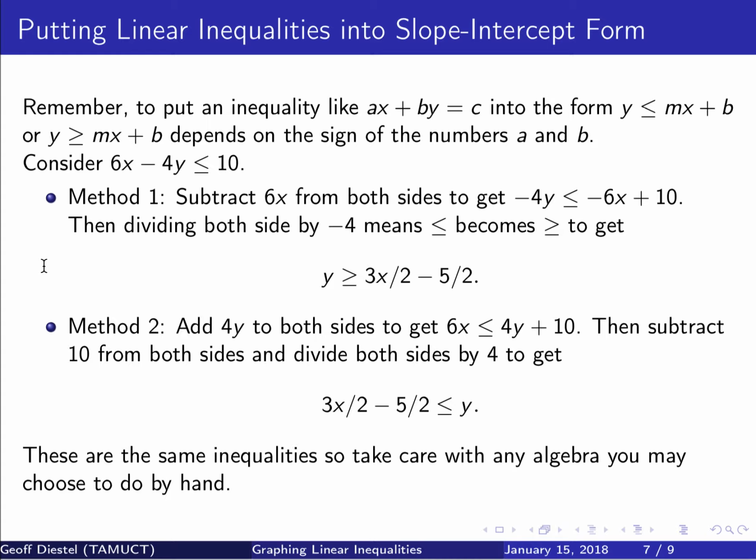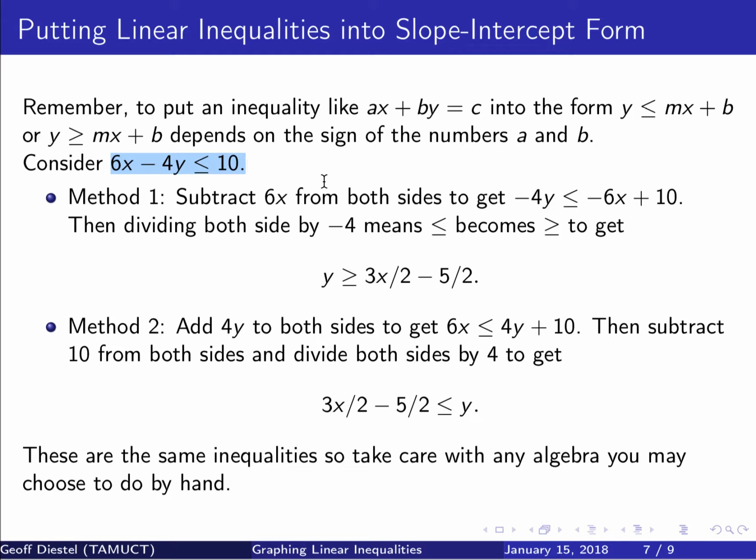From an algebraic point of view, just remember that when you're solving inequalities as opposed to equations, when you divide by negatives, you have to reverse the inequality. So I illustrate here how you can solve a linear inequality of this form for y, because putting it in that form allows us to see symbolically which side of the line we're looking for. If I see y greater than or equal to, I want points above or on the line. If I see y less than or equal to, I want points on or below the line.